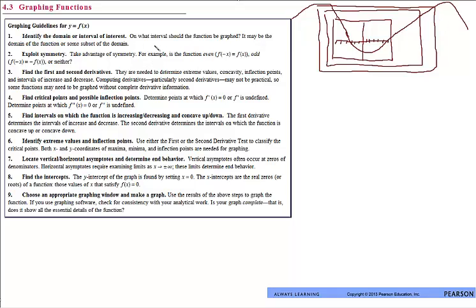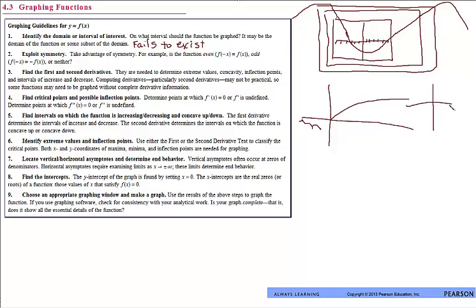First up, they ask you to identify the domain. That just means figure out where it fails to exist, or where it does something weird. Like in a square root function, which typically looks like this. It doesn't have anything over in here, but it might be shifted to the left or right, and you need to know exactly where that is.